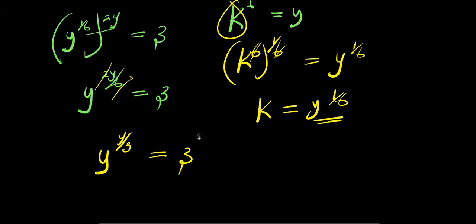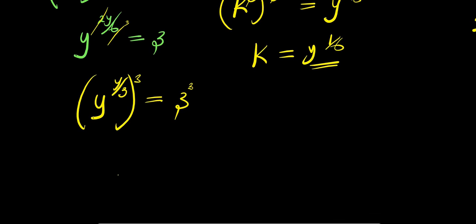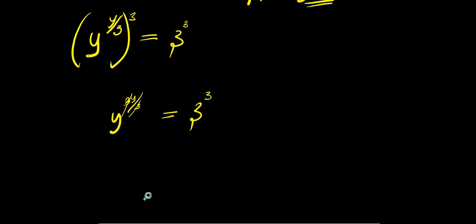So to solve for y, I can decide to raise each part of this to the power of 3. When I multiply this out, I will have y power 3y divided by 3, and this equals 3 power 3. So 3 cancels 3, and I will simply have y power y equals 3 power 3.